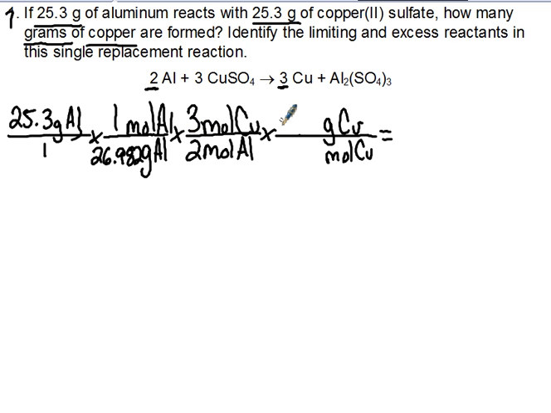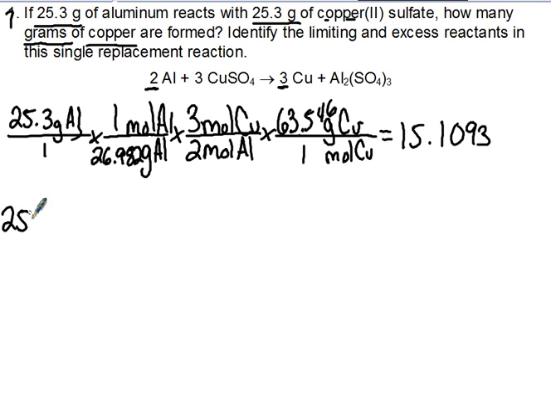Back to my periodic table, the mass of copper is 63.546, and the periodic table is always in 1 mole. Multiply 25.3 times 1 times 3 times 63.546. Divide that by 26.982 times 2, and you get 15.1093.